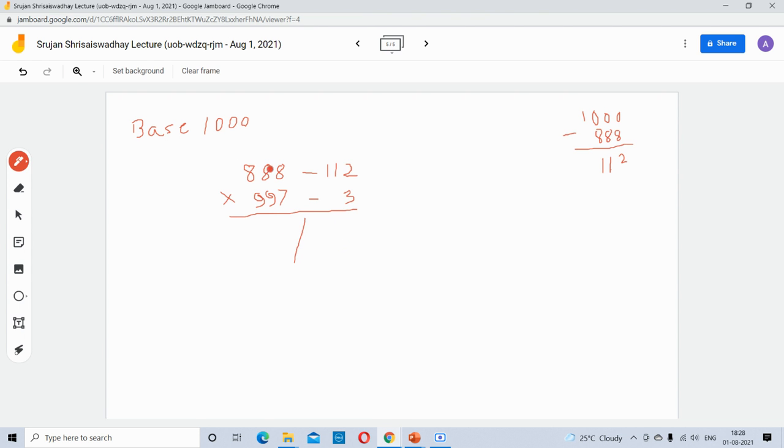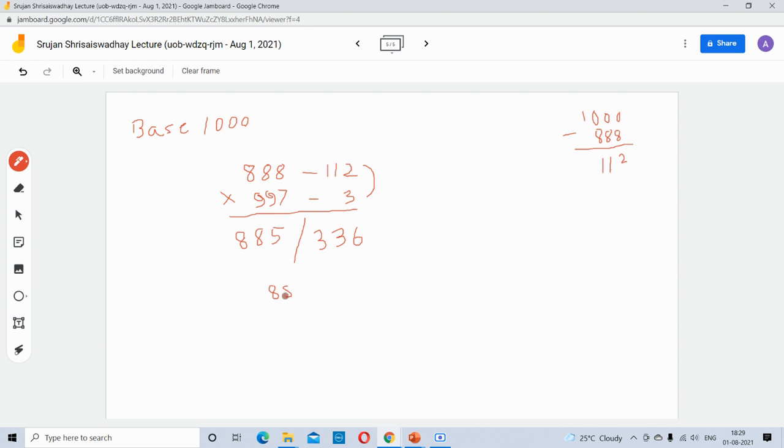So what will be the difference? 888 minus 3 is 885. So you are putting directly 885. Now you can put it 997 minus 112. It comes out to be 885 only. Now multiply these two, so that comes out to be 336. So here it is your answer, 885336.